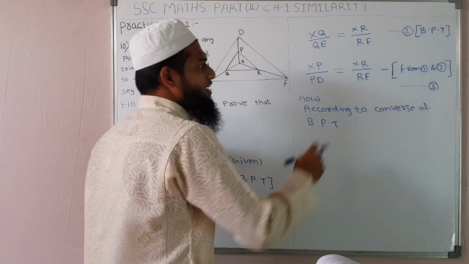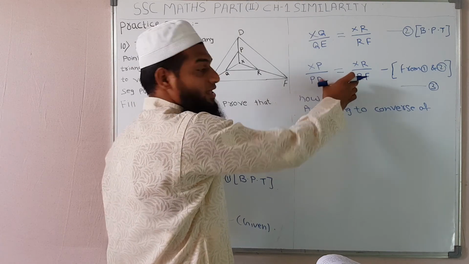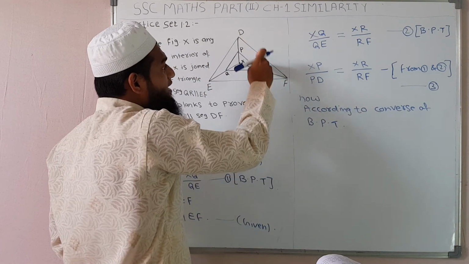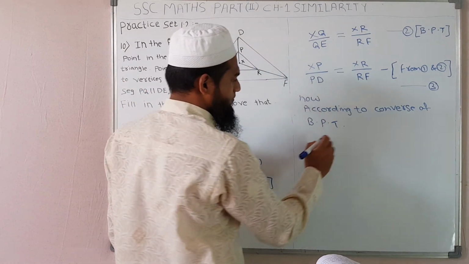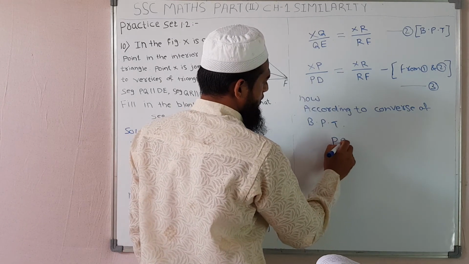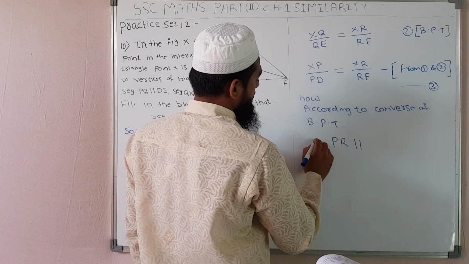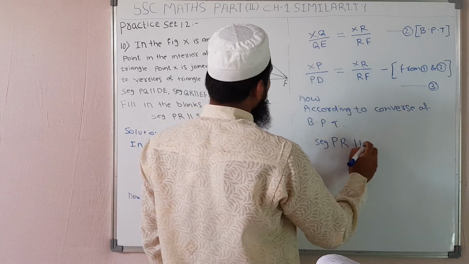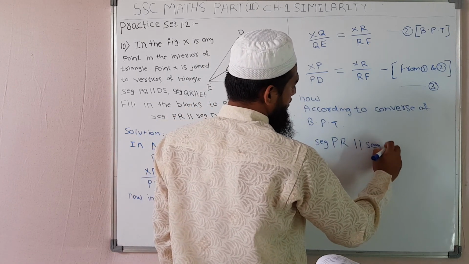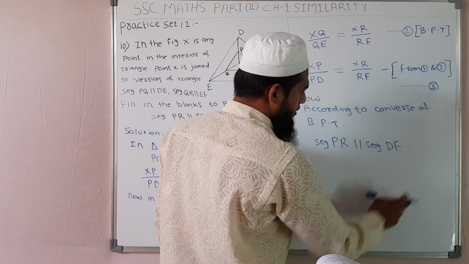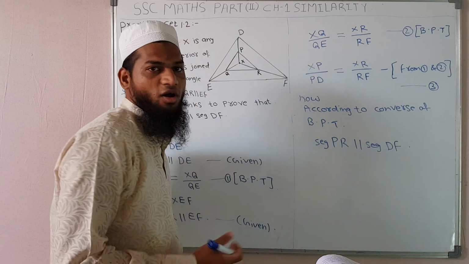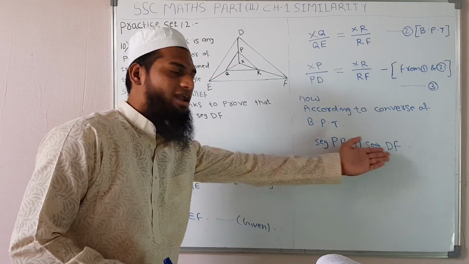What is the converse? If this ratio is the same, then we can write that segment PR is parallel to segment DF. Hence proved. We had to prove that PR is parallel to DF.